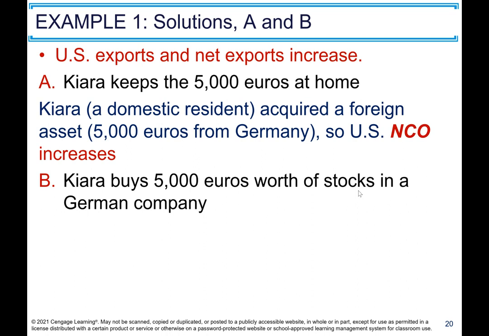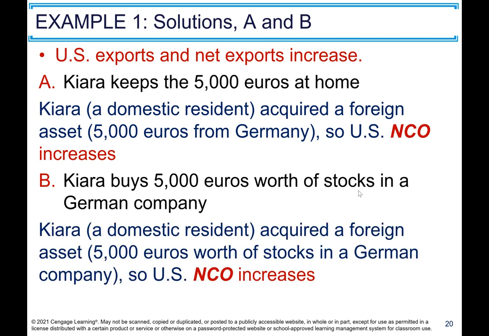Number A. Kiara, a domestic resident, acquires a foreign asset, 5,000 euros from Germany, so US NCO increases. Number B. Kiara, a domestic resident, acquired a foreign asset, 5,000 euros worth of stocks in a German company, so US NCO increases.